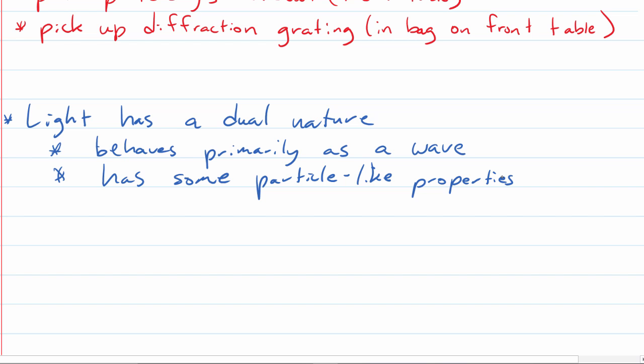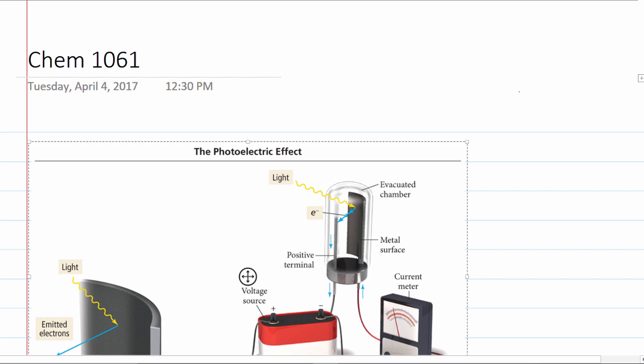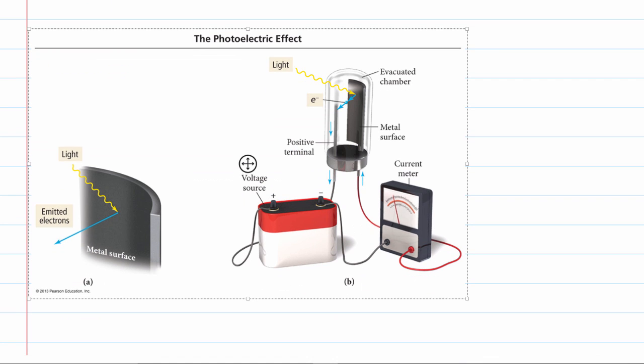And one of the particle-like properties is shown by another figure in your packet. This one here relates to the photoelectric effect. Now, in the photoelectric effect, and this is why we say it behaves like a particle, if you look at this calculator, which has a small solar panel on there, when it's exposed to light, light will strike this surface, and it causes electrons to get kicked out.